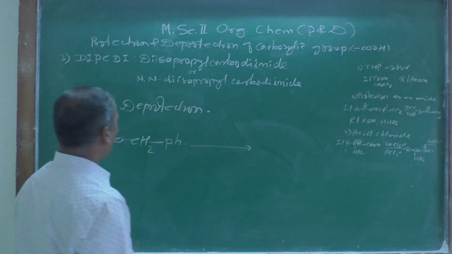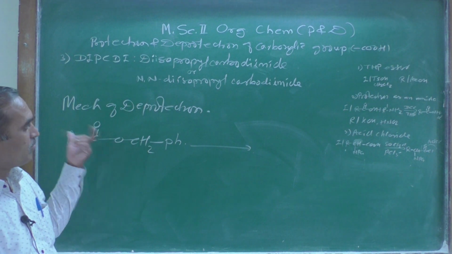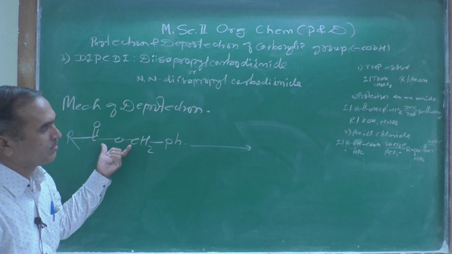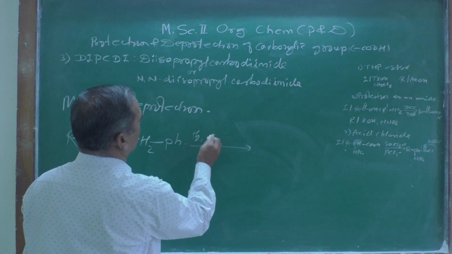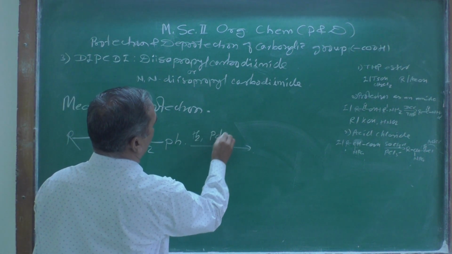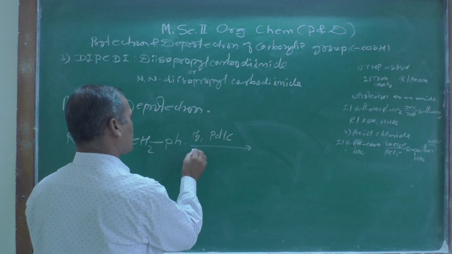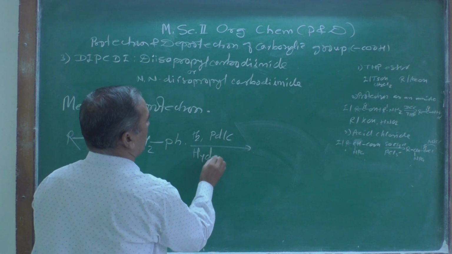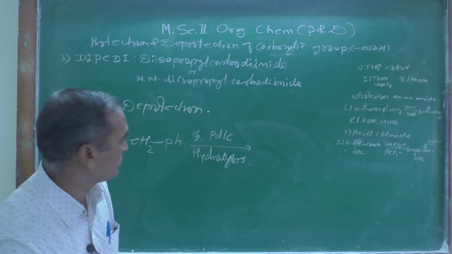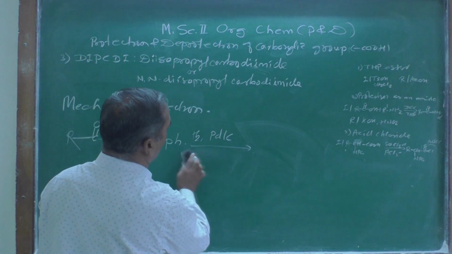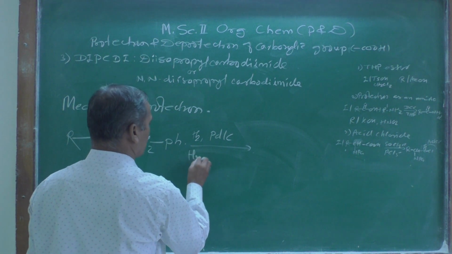Then this protected carboxylic group can be treated with H2 in the presence of palladium on charcoal. This process is known as hydrogenolysis, not hydrolysis.